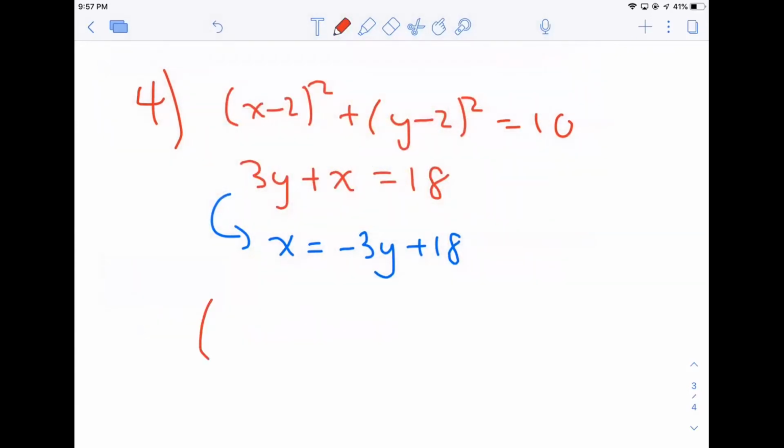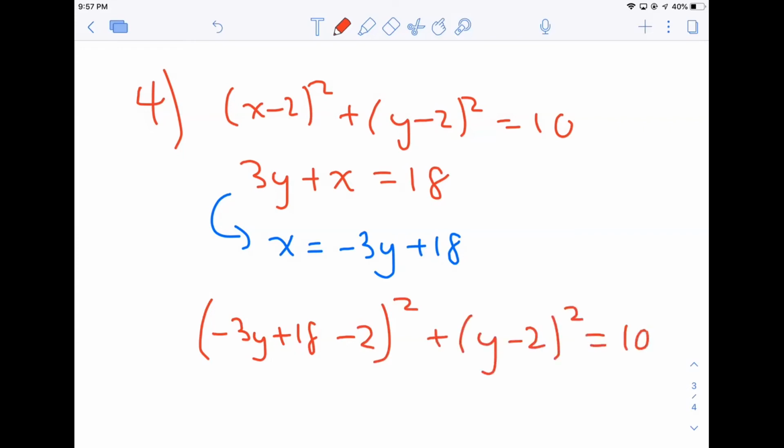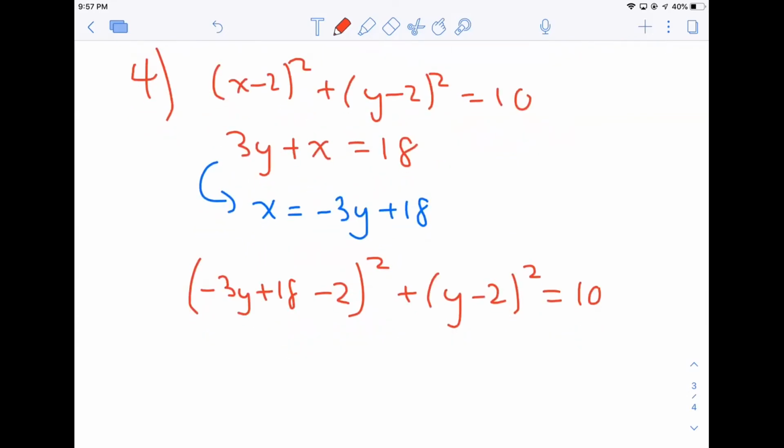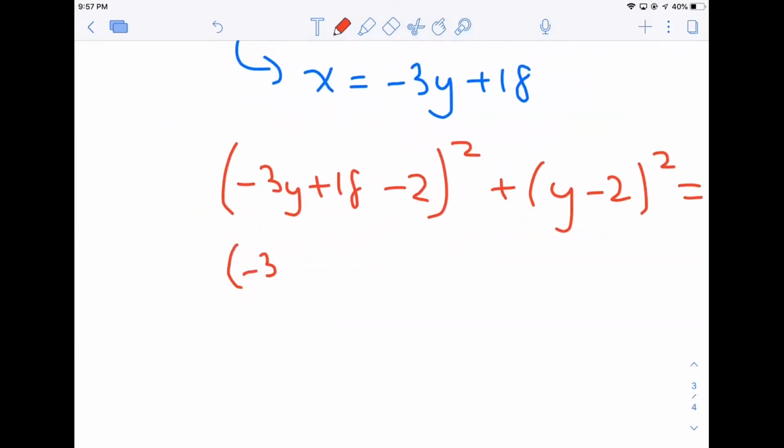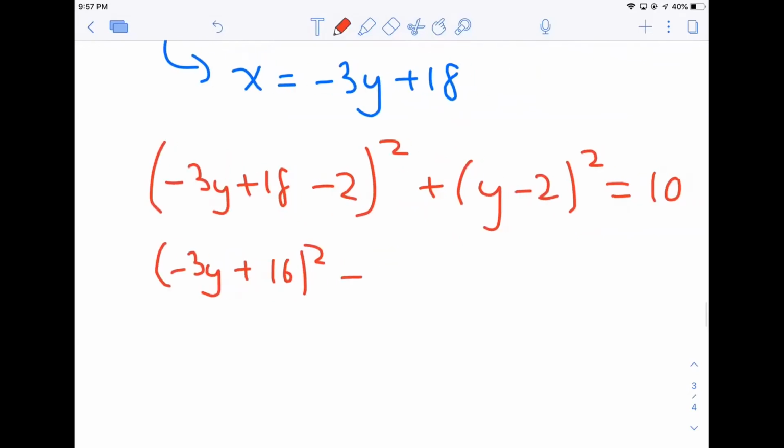Instead of x, we have (negative 3y plus 18 minus 2) squared, plus (y minus 2) squared equals 10. From here, this is an exercise in algebra. We should all be able to do this. So (negative 3y plus 16) squared plus (y minus 2) squared equals 10.